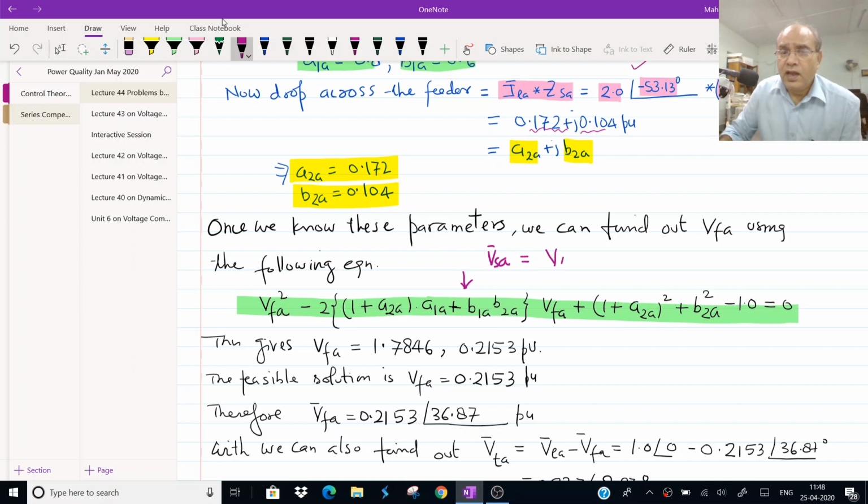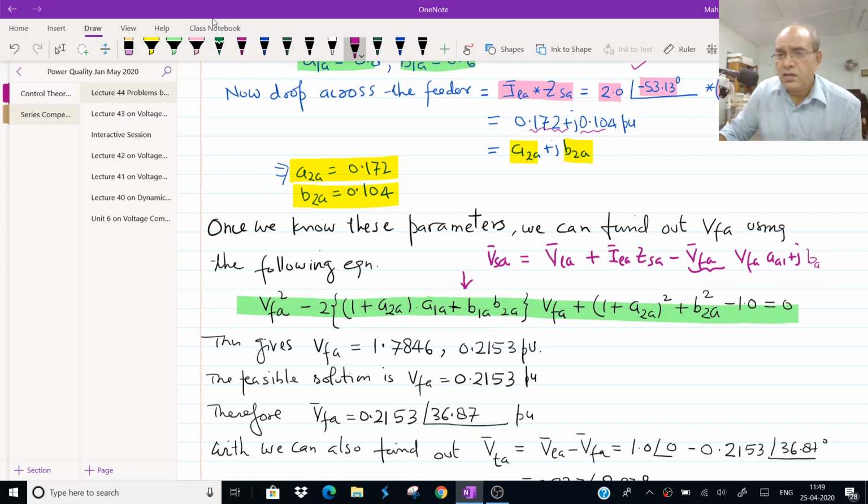That is, BSA is nothing but BLA and then the drop across the feeder, ILA into ZSA, minus BFA. Okay, so this becomes actually BFA, A1 plus j B1 for A phase, plus the drop.